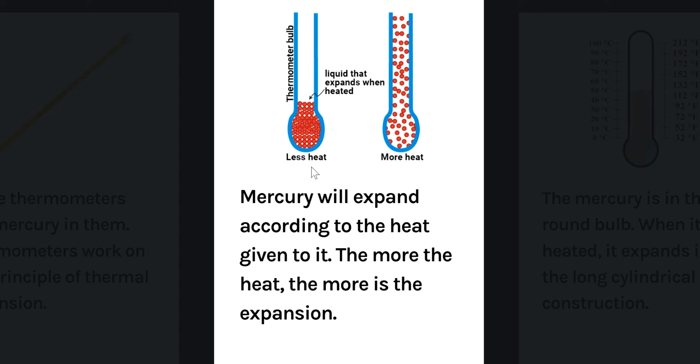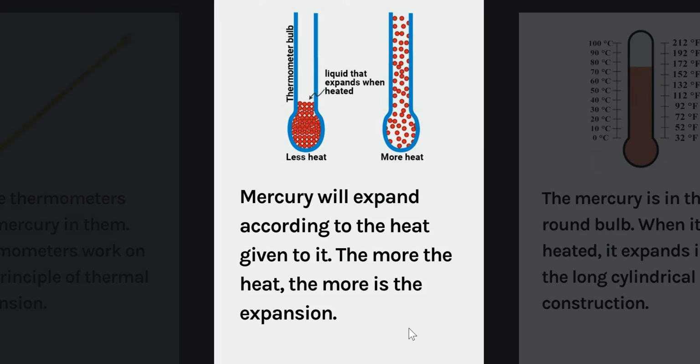When there is less heat, particles are closely packed, and the level of the mercury will rise less. Whereas when there is more heat, the particles gain more kinetic energy and expand, and the mercury level will rise, and this rise can be measured in the form of digits or temperature. Mercury will expand according to the heat given to it. The more the heat, the more is the expansion. So it is clear to us.